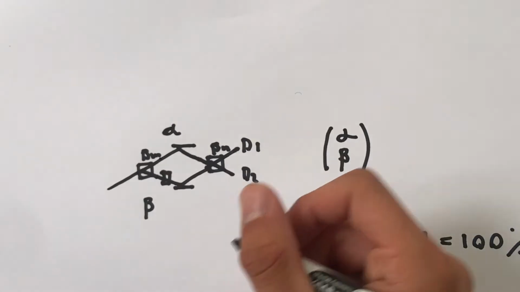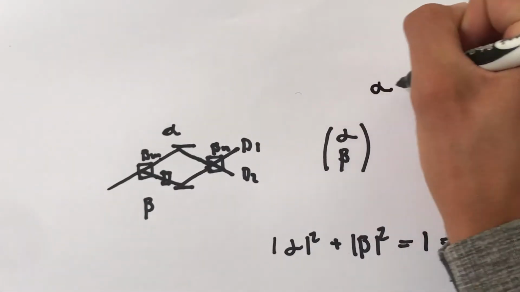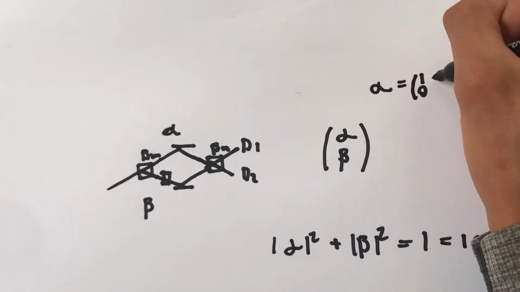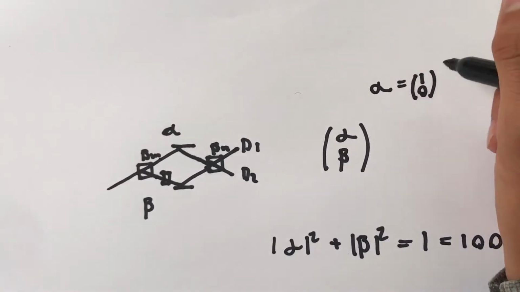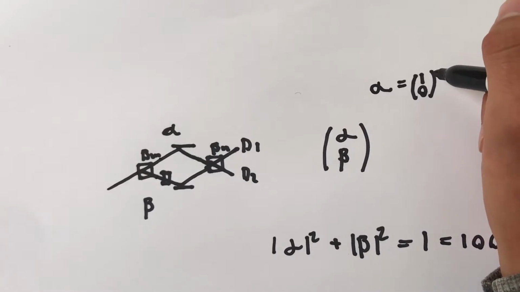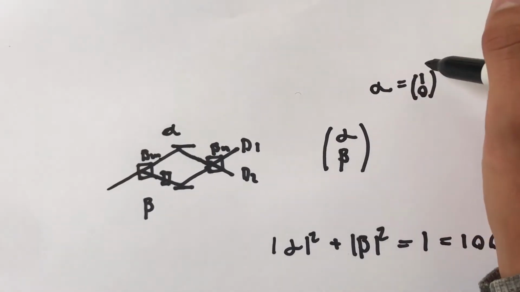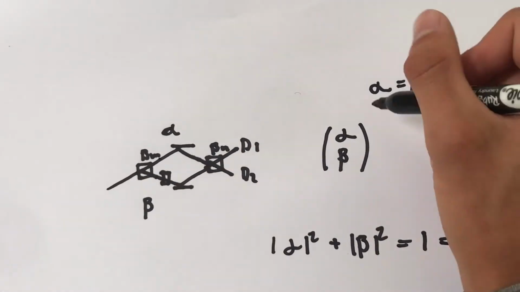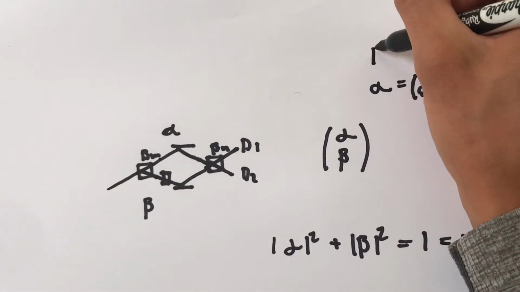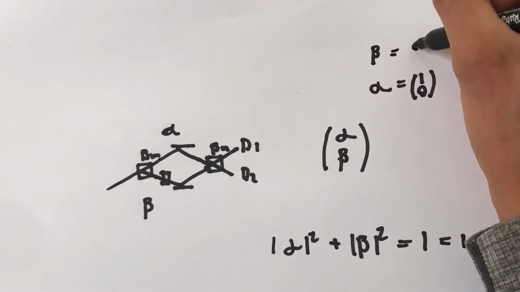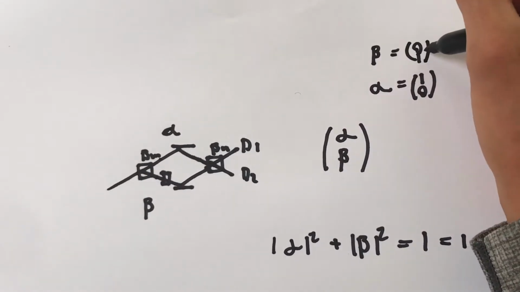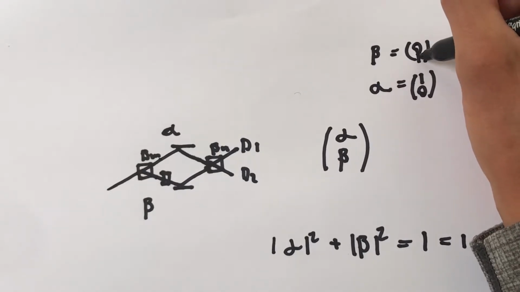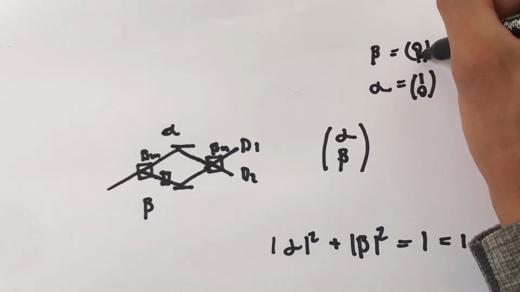So we will represent alpha as a column vector 1, 0, where 1 is the 100% chance that the particle went through the upper beam, and beta will in contrast be the opposite, 0, 1 in a column vector. It will have a 0 probability of being in the upper beam and a 100% probability of being in the lower beam.